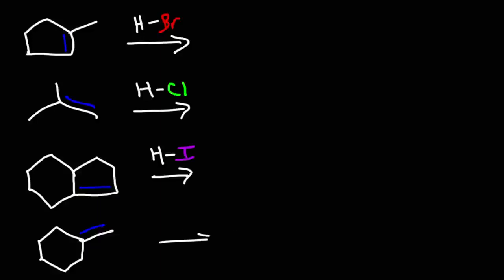So what will be the major product for the first example? Where will the bromine atom go?